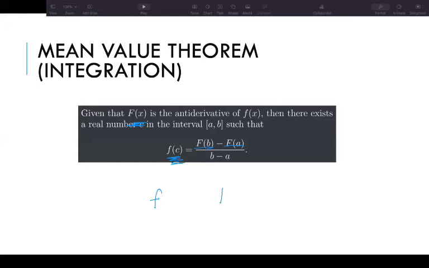Remember that the mean value theorem for derivatives has f prime of c equals f of b minus f of a over quantity b minus a, right? It's the same because here we have the derivative and here we have the original function. And the derivative of a function's integral is the function itself from the first fundamental theorem of calculus, which we discussed earlier. So how do we use mean value theorem in problems?